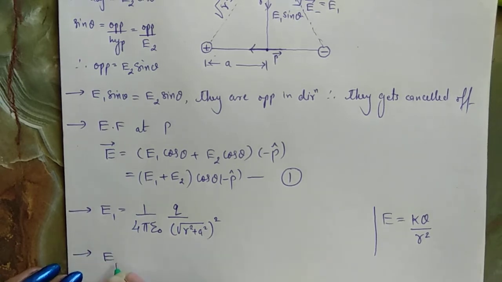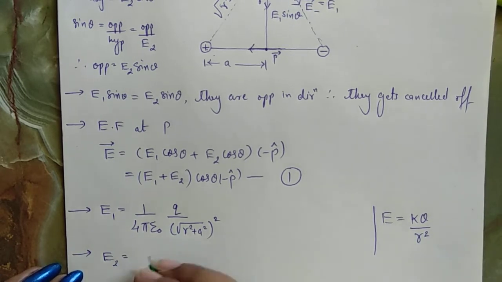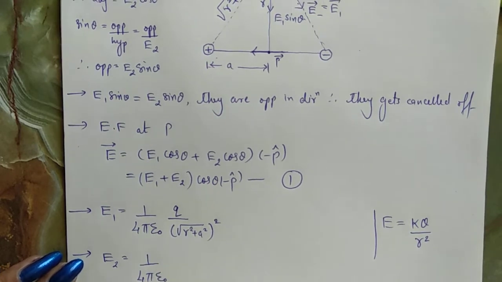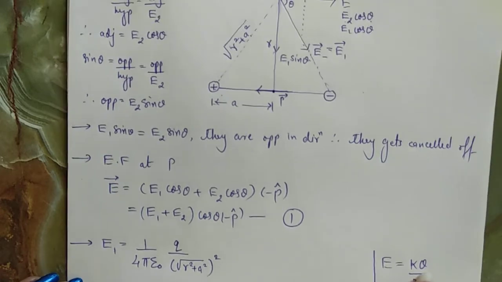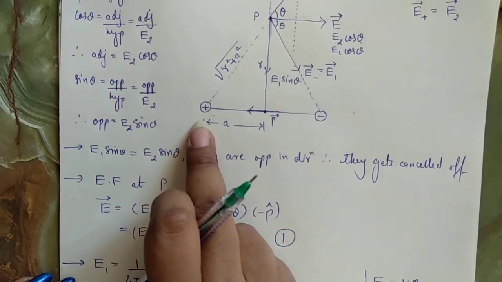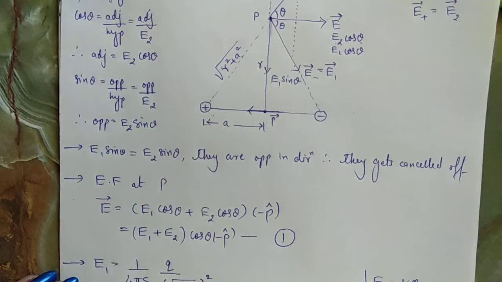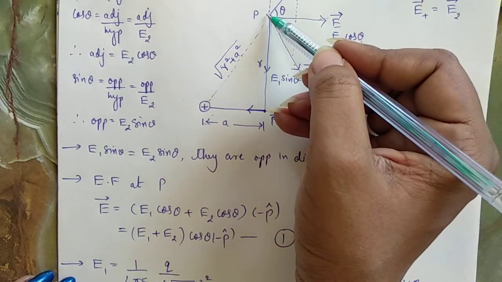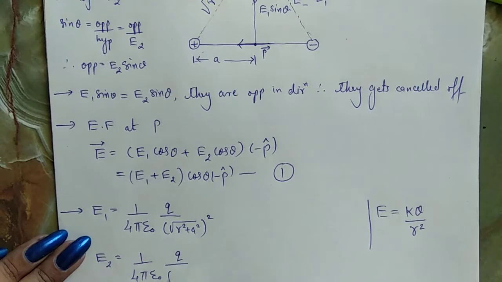Now I'll calculate E2 by using the same formula. This is the value of K. My source charge is now the positive charge, so I'll be writing Q, and the distance of the positive charge from the point P is under root R square plus A square.